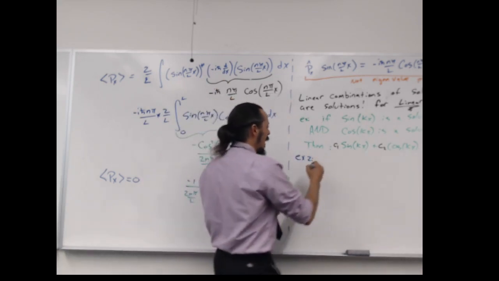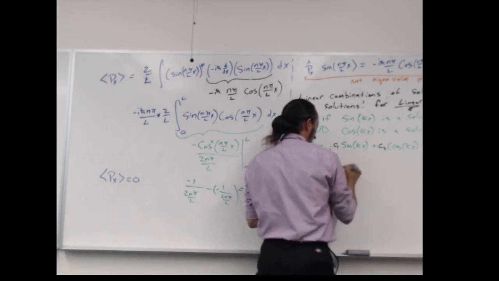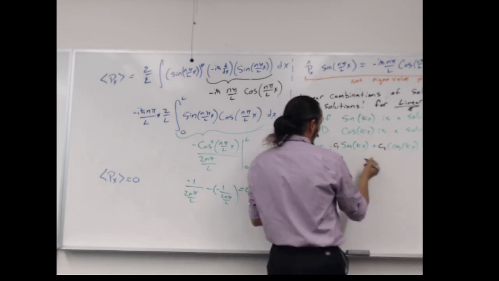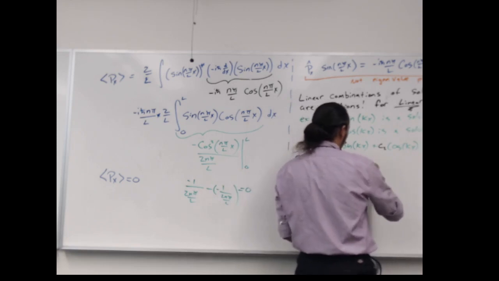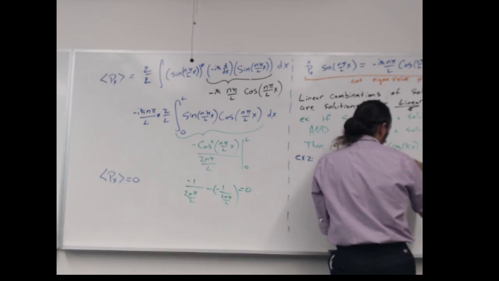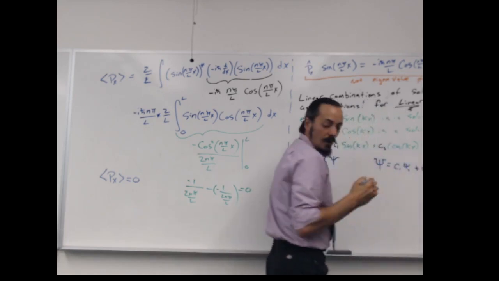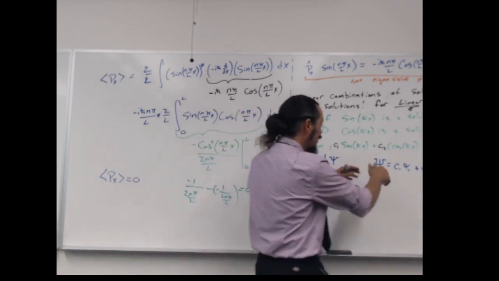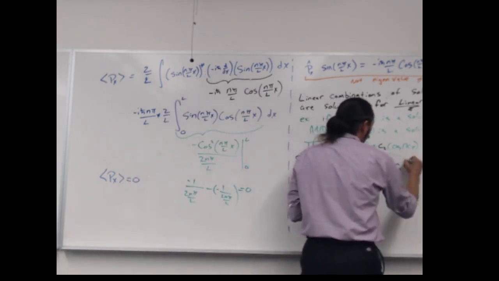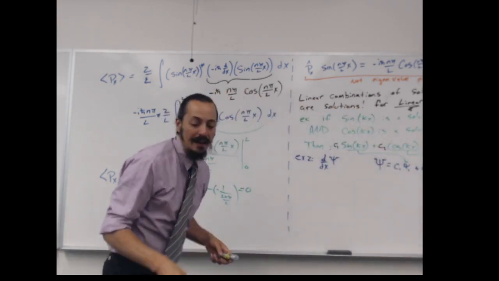I'm just going to do d by dx on some function, where my function is c1 psi1 plus c2 psi2. This is the generic form, but sine is my psi1 and cosine is my psi2.